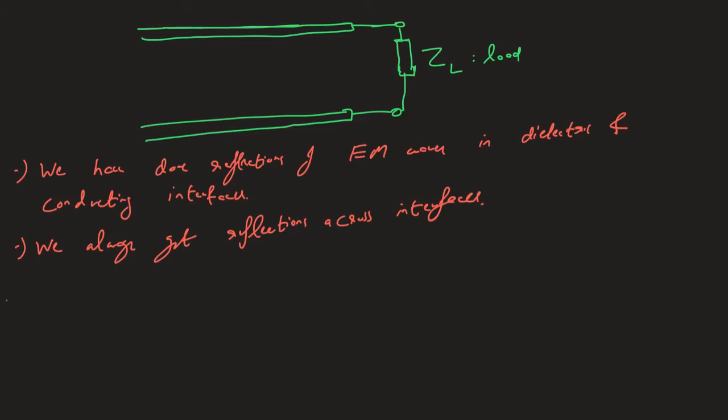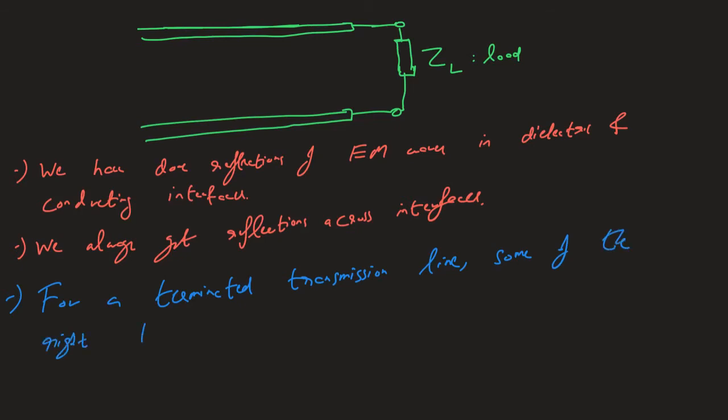So for a terminated transmission line such as this, it's very fair to assume that some of the right traveling wave will be reflected to the left.